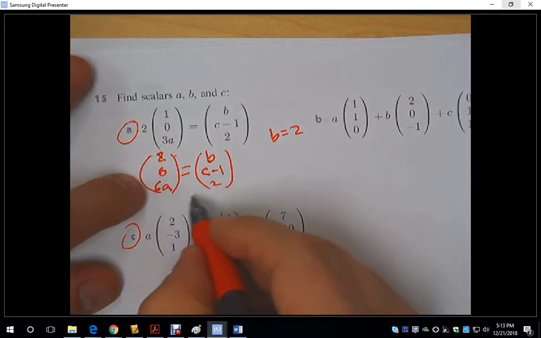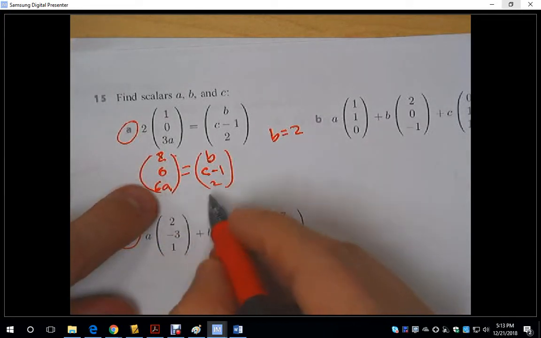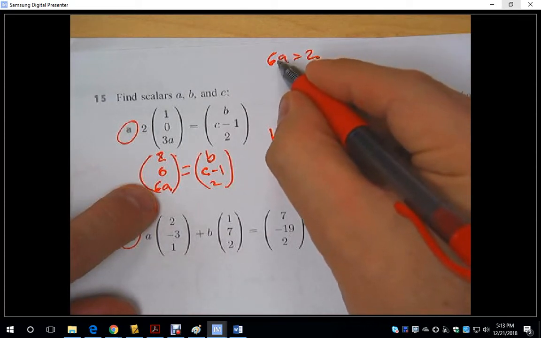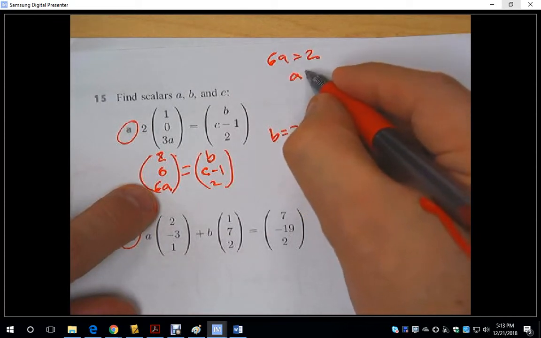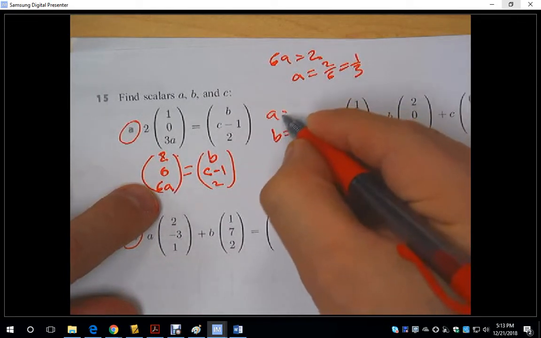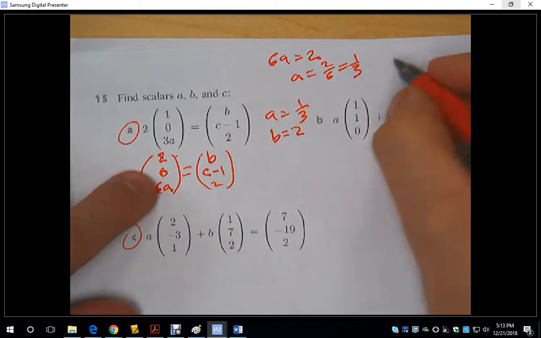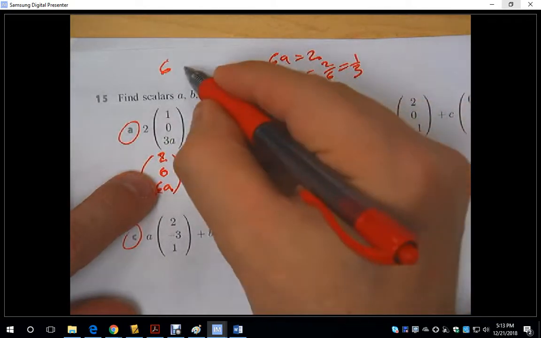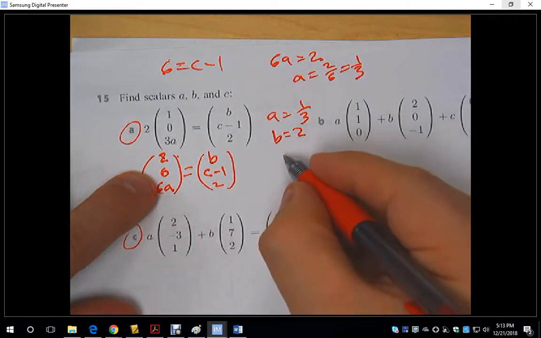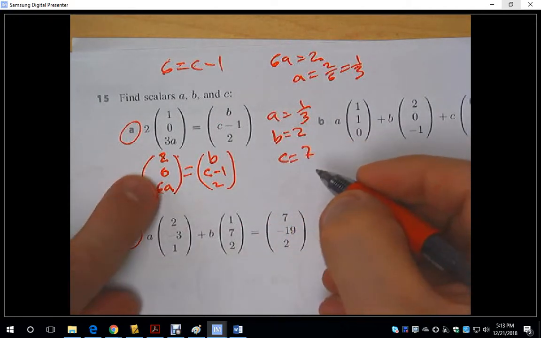And then we have a, which is, well, if I have 6a equals 2, we can divide by 6. That's going to give me a equals 2/6 or 1/3. So a is 1/3. And then for c, we have this 6 equals c minus 1. We're going to add 1 to both sides to get that c equals 7.